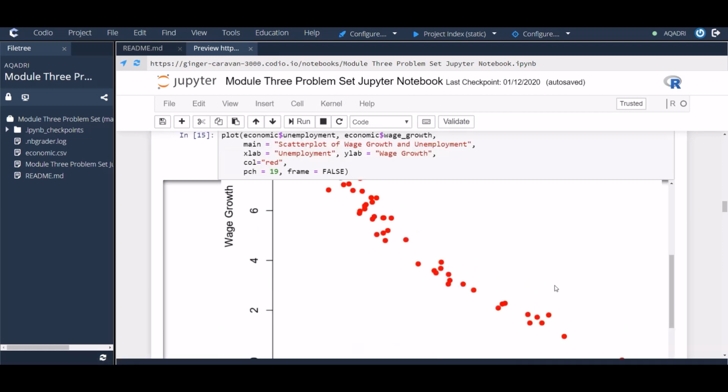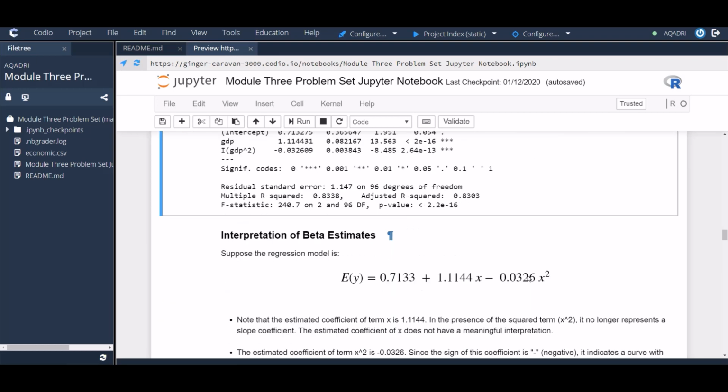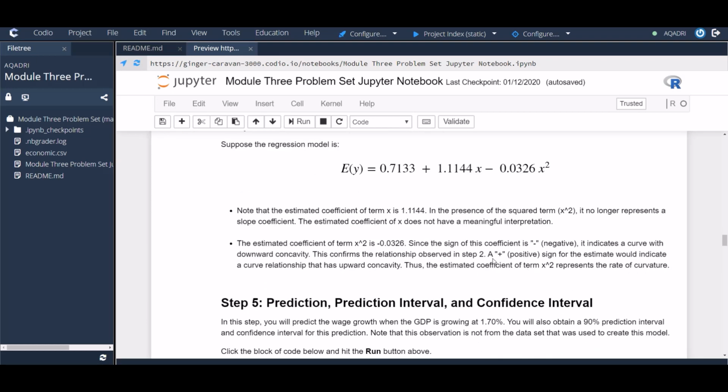And so the concavity is upward there, and for the unemployment rate, if we had used that as a predictor, you would have a plus sign for the beta estimate. So that is how you interpret the beta estimate for the second order term.